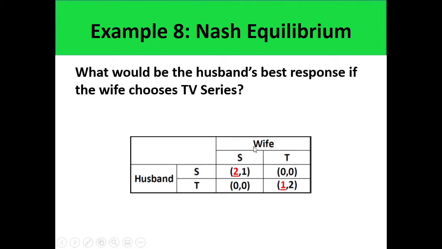This time, we will analyze the responses of the column player. Suppose that the husband already made the decision to watch the sports program. As the column player, we either get 1 or 0. Between these two, the better response is 1. So we will underline this number.